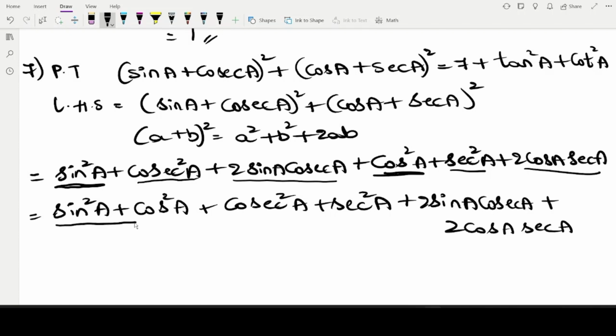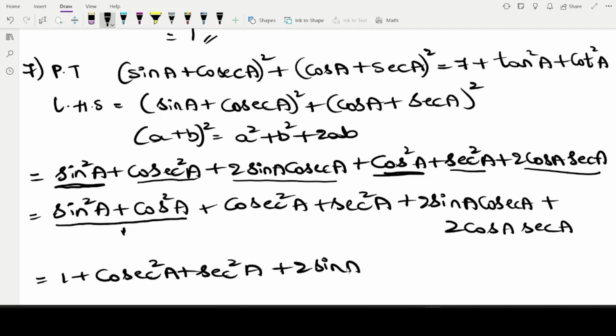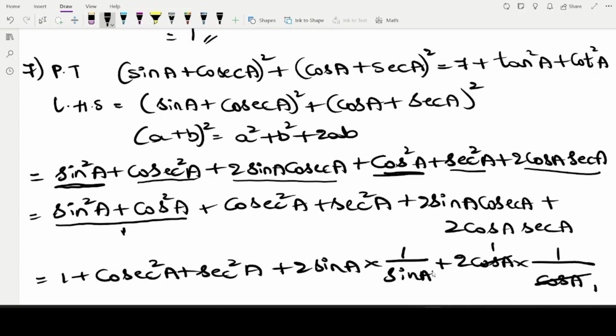We know that sin square a plus cos square a value is 1. So 1 plus cosecant square a plus secant square a plus 2 sin a into, we can write cosecant a as 1 by sin a, plus 2 cos a into, we can write secant a as 1 by cos a. Both cos get cancelled and both sin get cancelled.